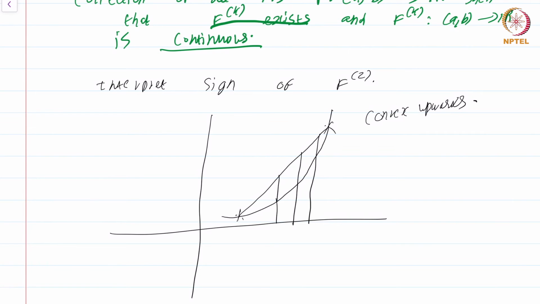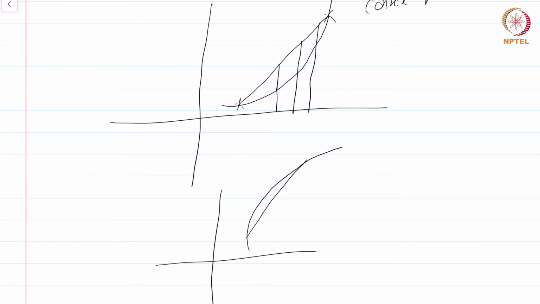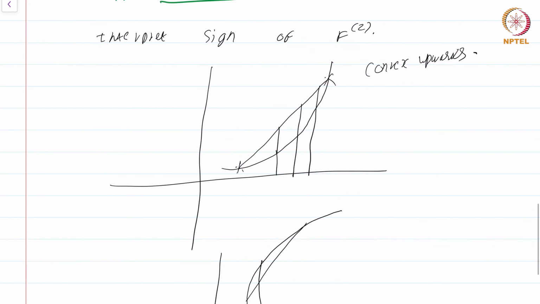The opposite of this is something that looks like this. Here if you join 2 points, it's not the case that the curve is below the line. Now you might ask, why don't I just call it convex and call this concave? There is a reason why we say convex upwards. Just think for a moment.